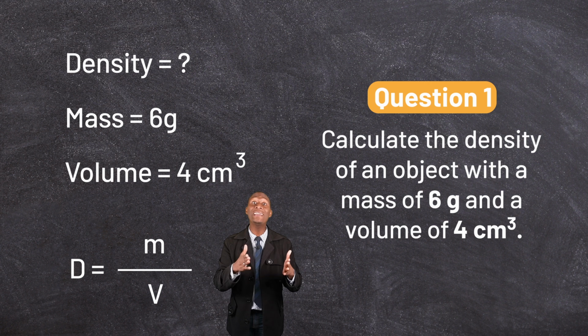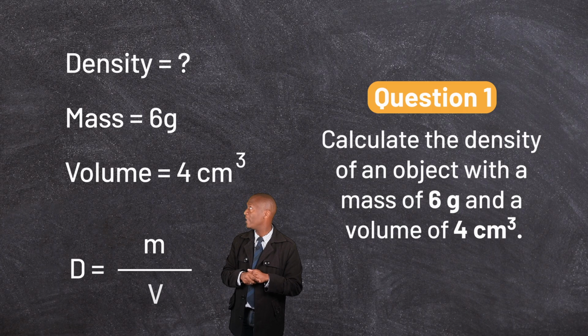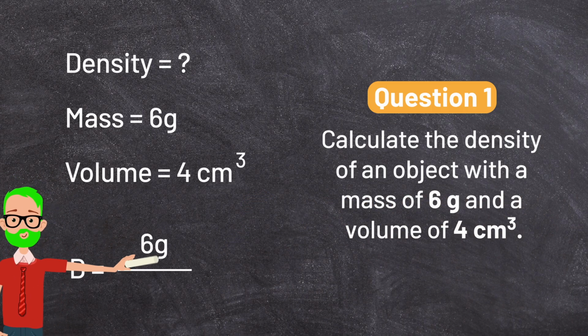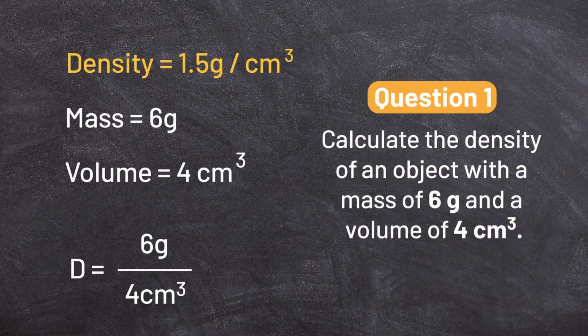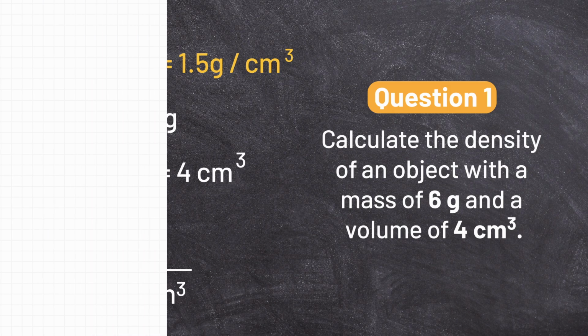Then we replace the symbols with the information that we have. Mr. Neon, can you help us with that? Excellent work, grade 8s. You've just completed your first density calculation.